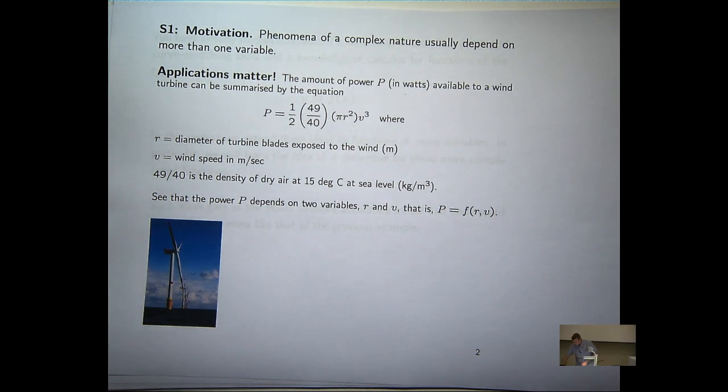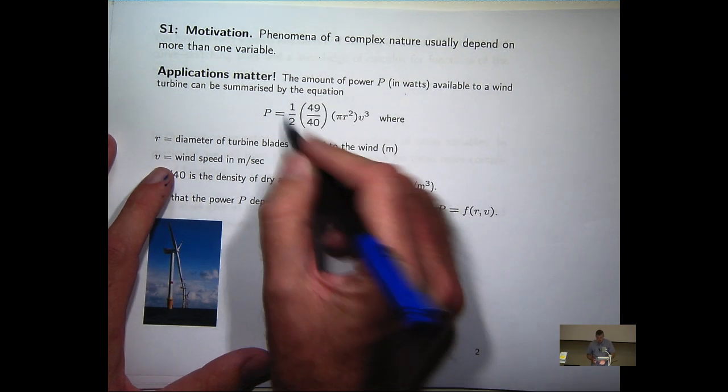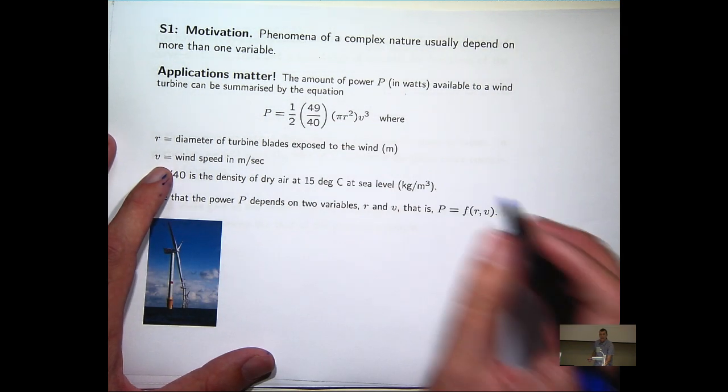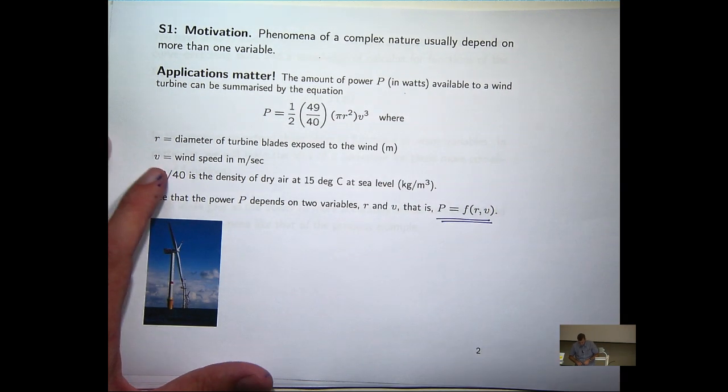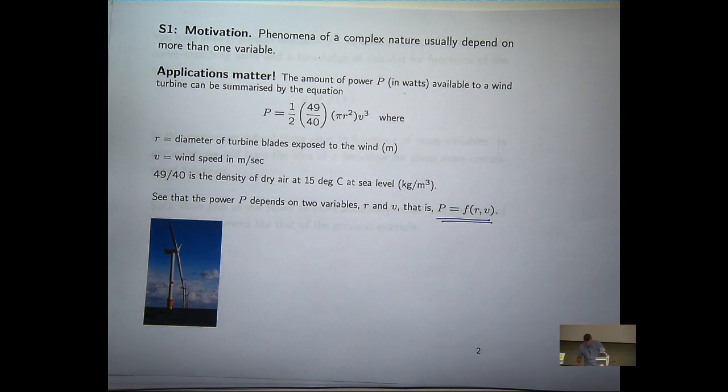So, we can sort of speak of this relationship up here as a two-variable dependency, okay? The function involves two things, R and V. Now, you can take that a step further and look at functions of three variables, functions of four variables, functions of n variables, okay? If you did that, then your input would be like an n-tuple vector.